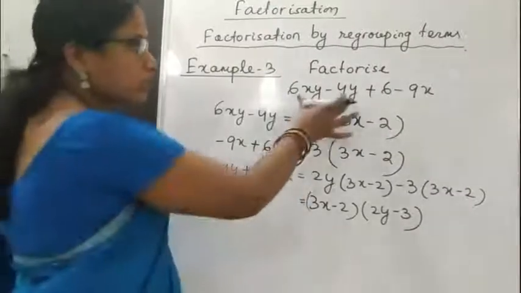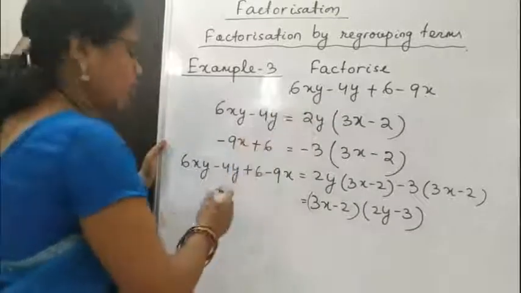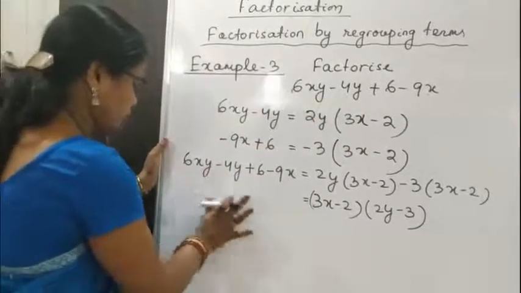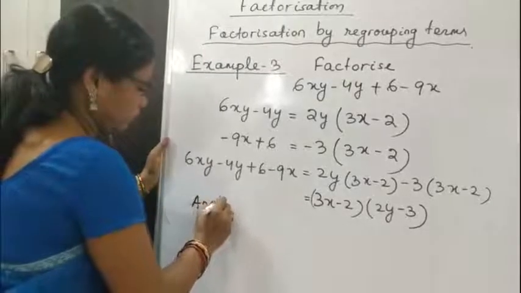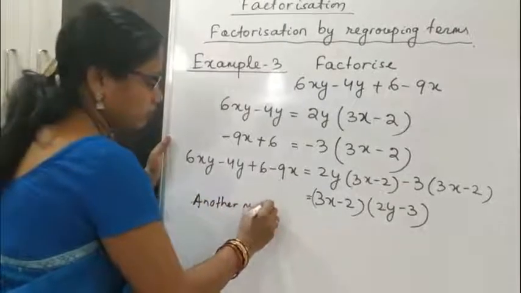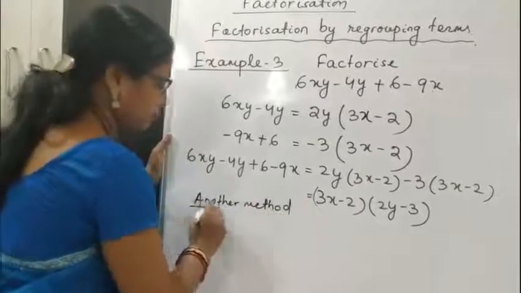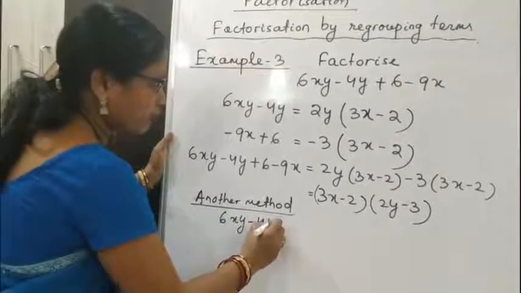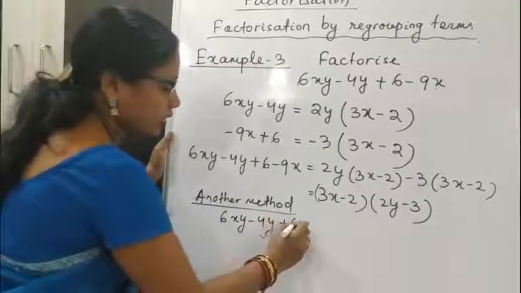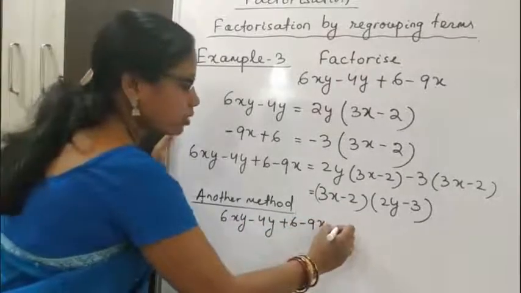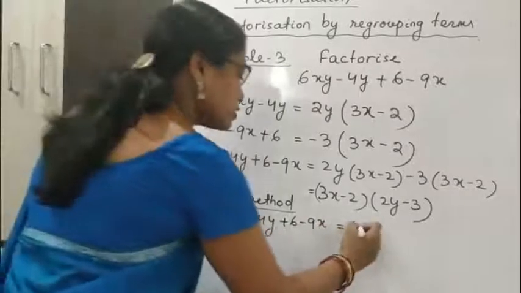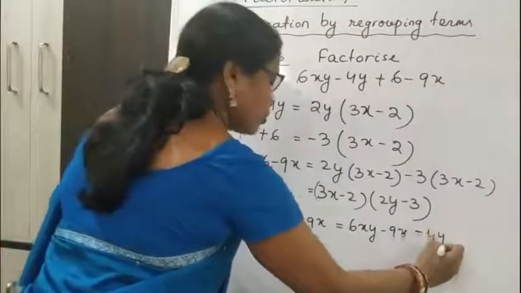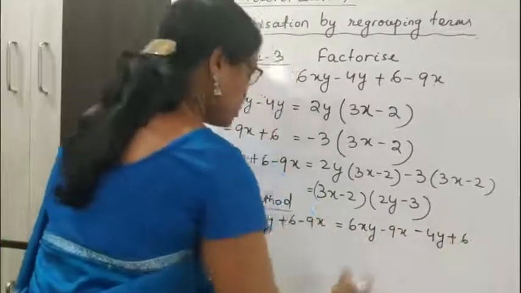Let us regroup these terms in another way. 6xy minus 4y plus 6 minus 9x, we can regroup as 6xy minus 9x minus 4y plus 6.